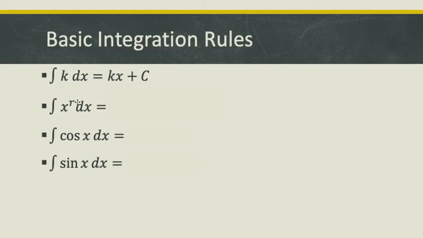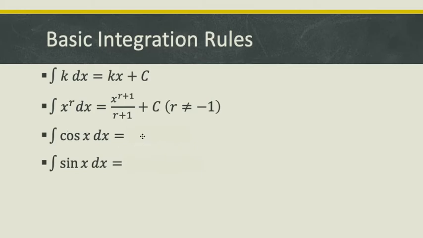So we're going to do the opposite. We're going to add 1 to our exponent, so it'll be r plus 1, and then whatever number we get there, we're going to divide by that number. So this is what it looks like in your general form. And again, r cannot be equal to -1. You'll see why later. But this is your general formula there.